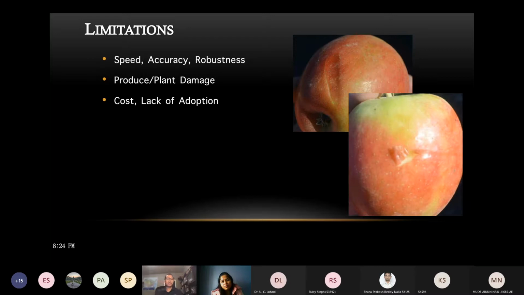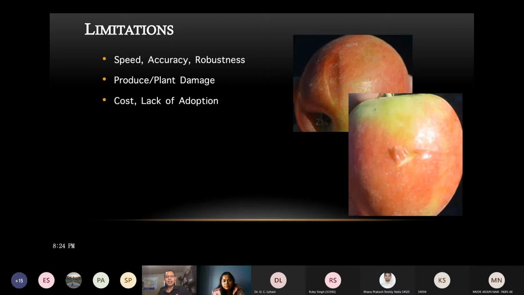There are a few limitations why we are facing challenges to hit the commercial adoption of these machines. Some of the major ones, in my opinion, include speed, accuracy, and robustness, or to be specific, their lack of those features. We don't have machines as fast, as accurate, and as robust as we would like them to be for practical adoption in field conditions where agriculture occurs.